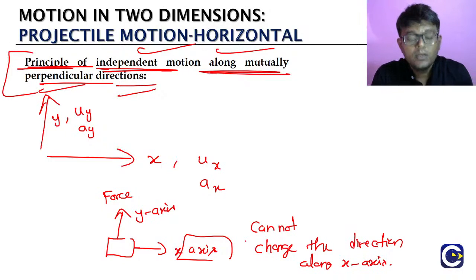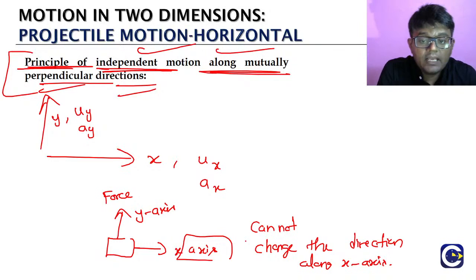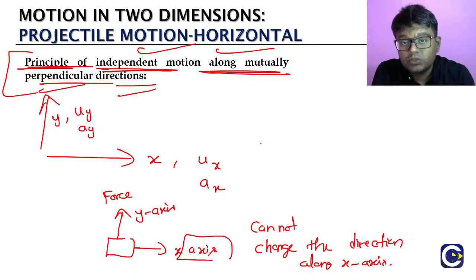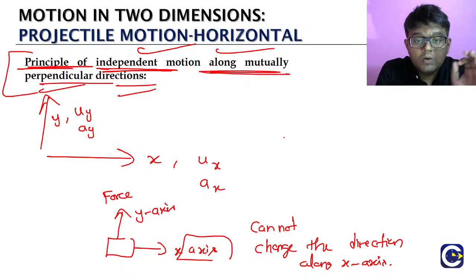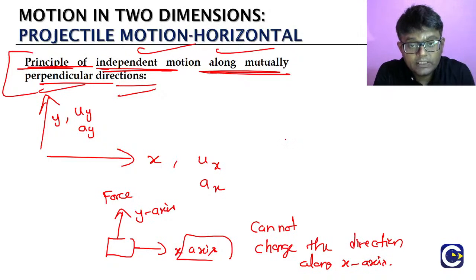So if you have a motion on the x-axis, the force you apply along the y direction cannot change the direction along the x-axis. Similarly, if you apply a force along the z direction, that cannot change the motion along the y-axis or x-axis. So the motion along one direction will be independent of the motion along a mutually perpendicular direction.